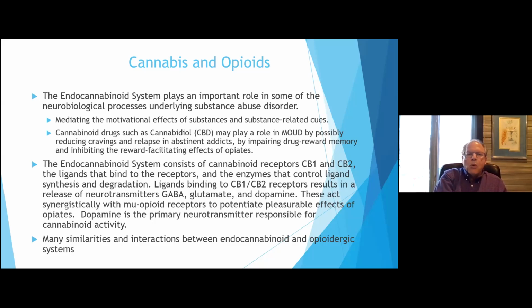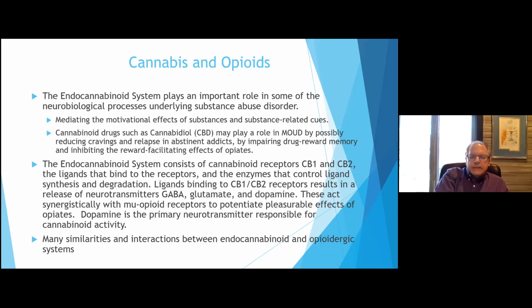It makes them more pleasurable. CBD may play a role in MOUD, and we'll discuss that a little more later, but it does seem to reduce some cravings and relapses in abstinent addicts. It impairs the drug reward memory system and inhibits the reward-facilitating effects of opiates.